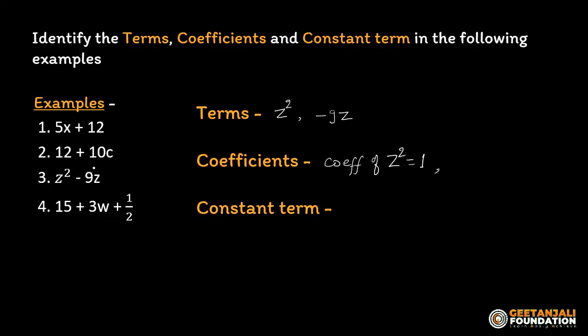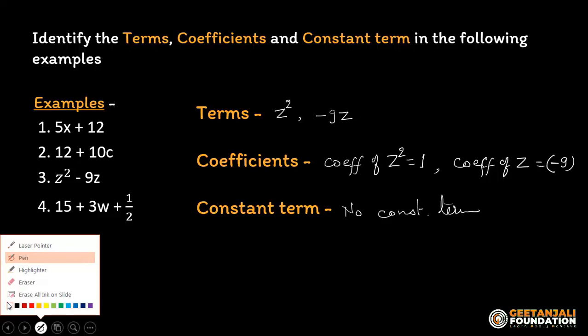And in the second term we have minus 9z. So here coefficient of z is equal to minus 9. So here we have two terms which have variables. So we have got two coefficients, one for z square and other for z. Now the constant term, there is no constant term because there is no term which consists of only constants.